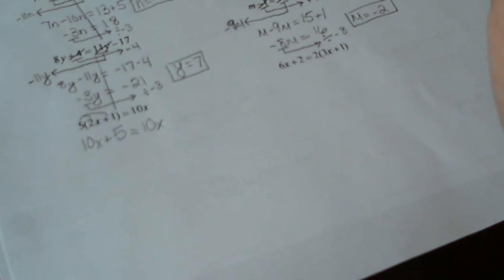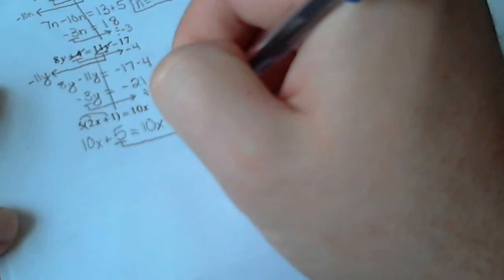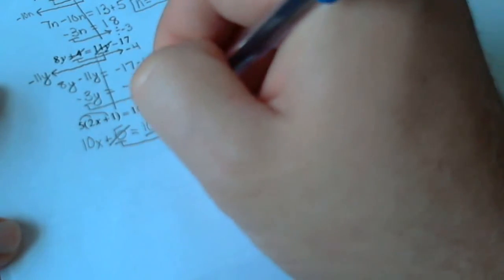That's equal to 10x, which I just recopied from the other side. Now remember, letters to the left, numbers to the right. So this is already on the left, that's fine. This number has to come over here, become negative 5. And this 10x needs to come over here, become negative 10x.